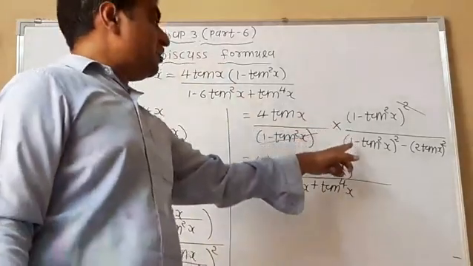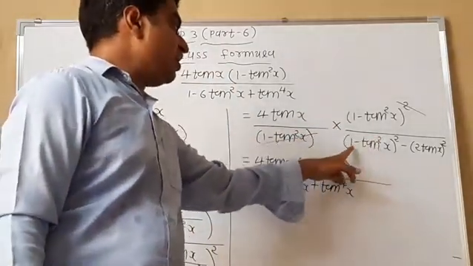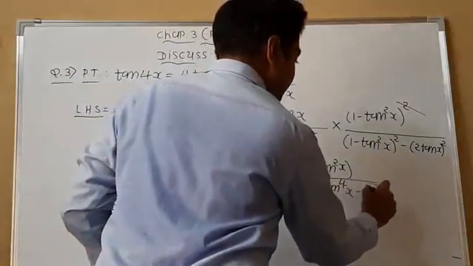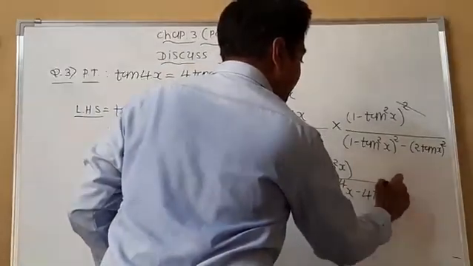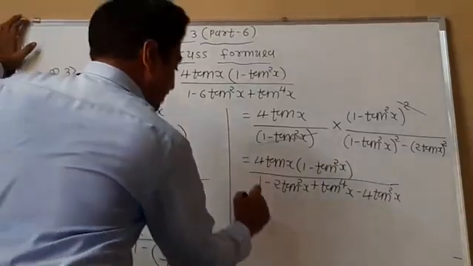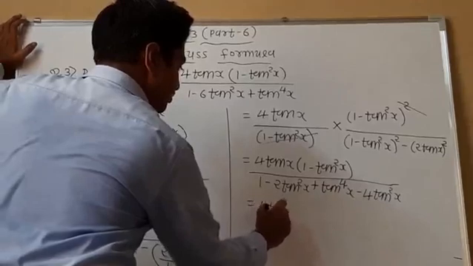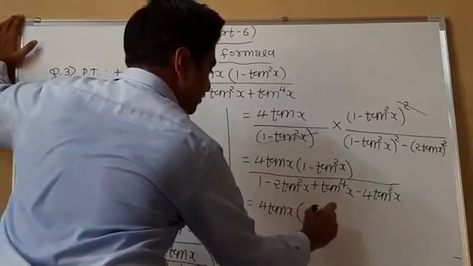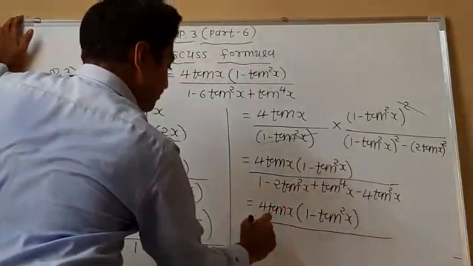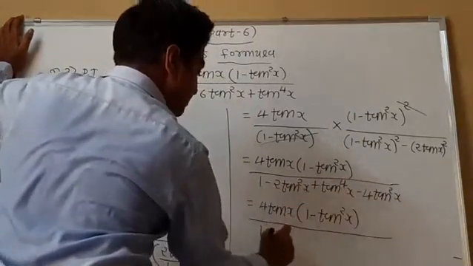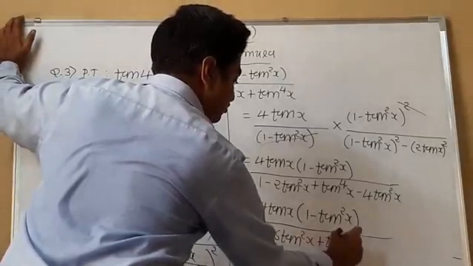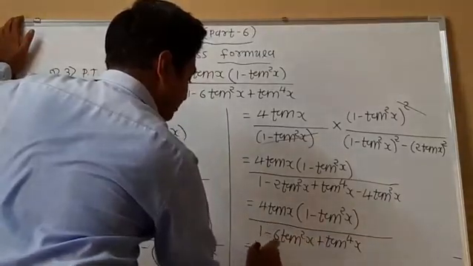Right, here apply the identity (a − b) whole square, that means a² − 2ab + b², minus 2 square, that means 4tan²x. Now −2 − 4, that means −6. So the final answer is 4tan x bracket (1 − tan²x) upon, in denominator term, 1 − 6tan²x + tan⁴x, is equal to RHS.